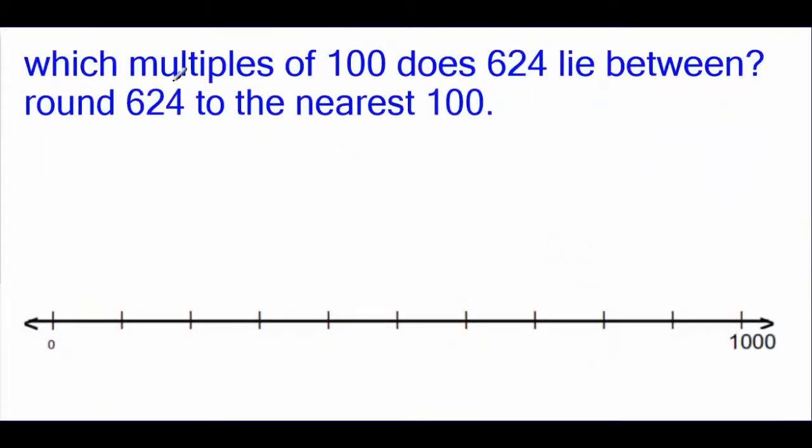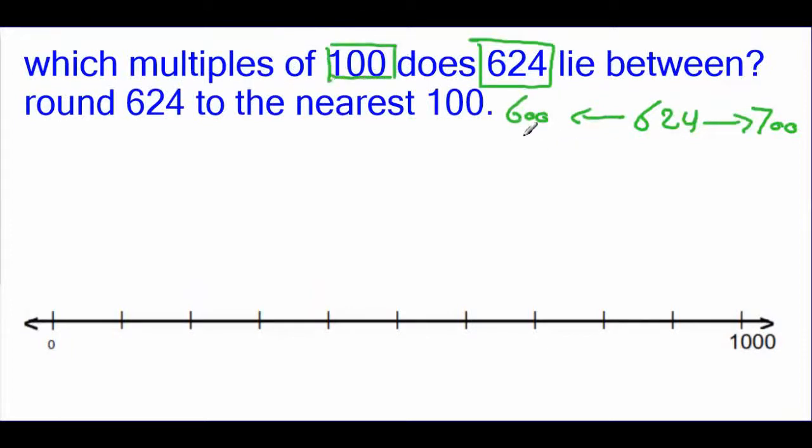Now we will talk about rounding to the nearest 100. I have here 624. Which multiples of 100 does 624 lie between? 624, of course, comes after 600 and before 700, because he's asking which multiple of 100.